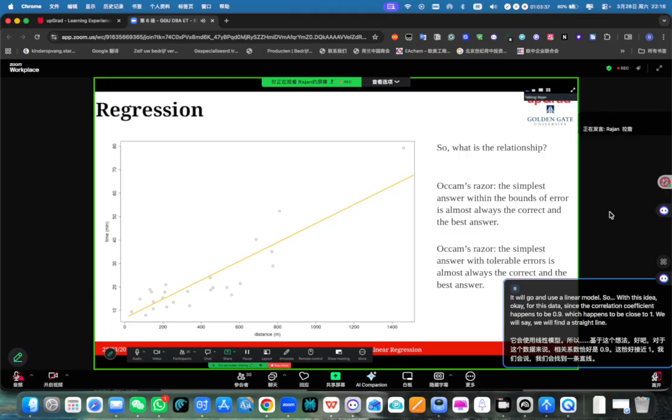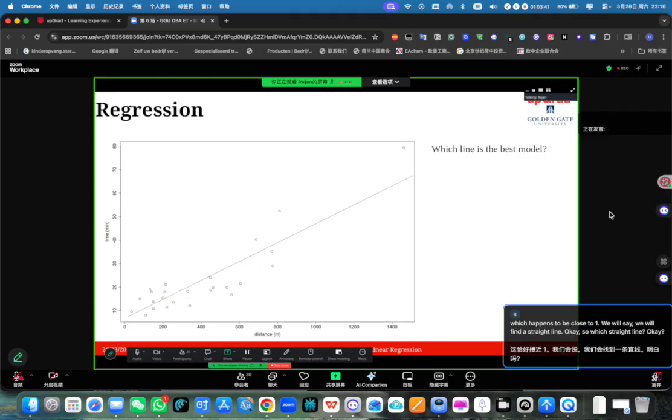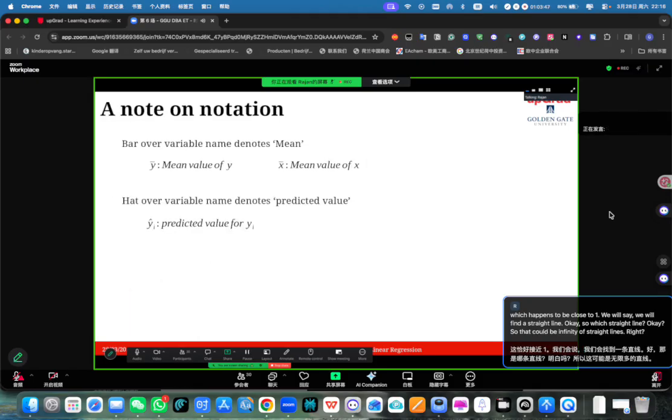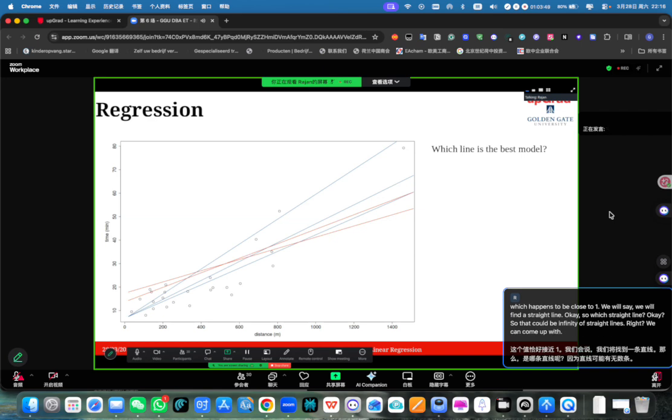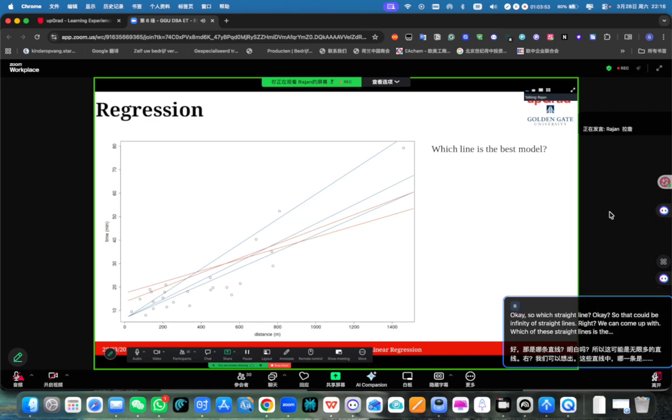So which straight line? There could be infinitely many straight lines. Which of these is the actual straight line we will use for making predictions?